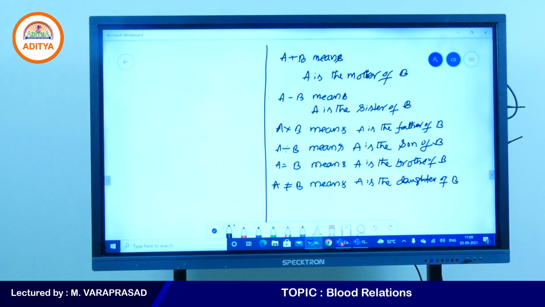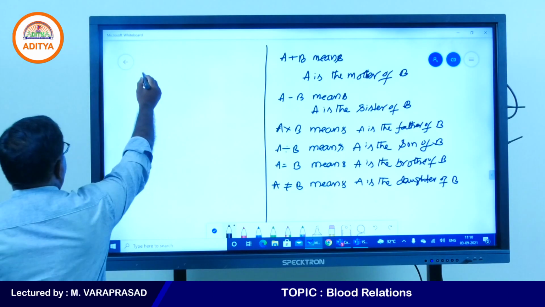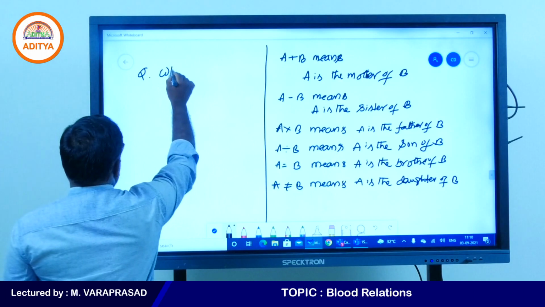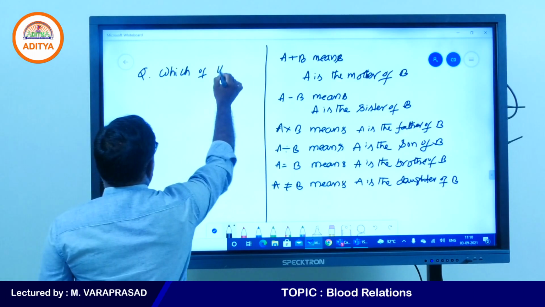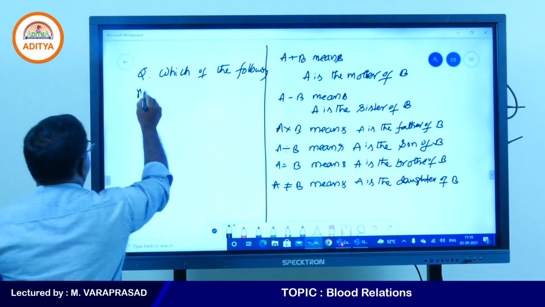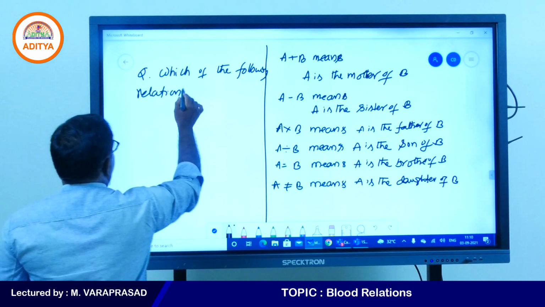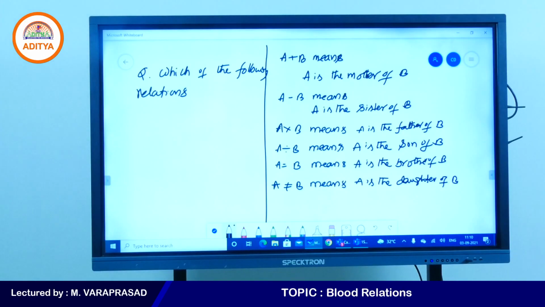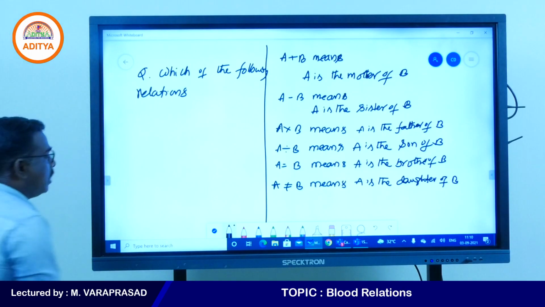Question number 1: which of the following relations means P is the aunt of Q?